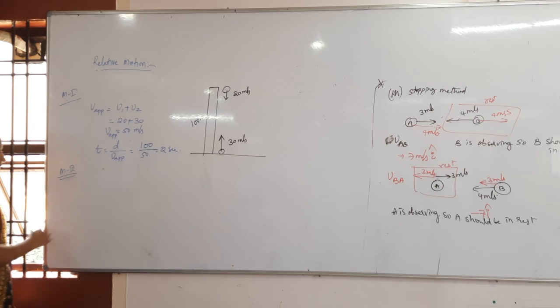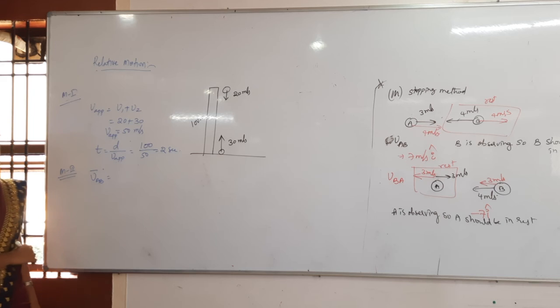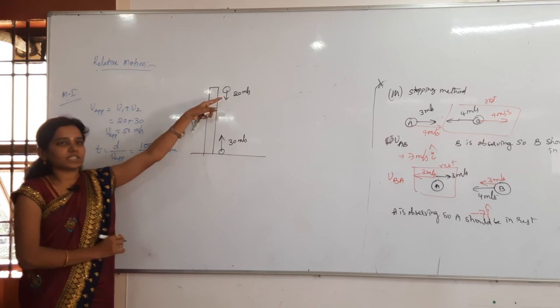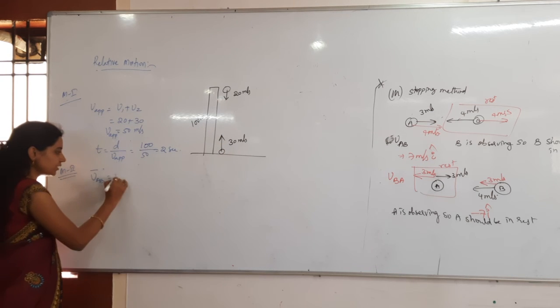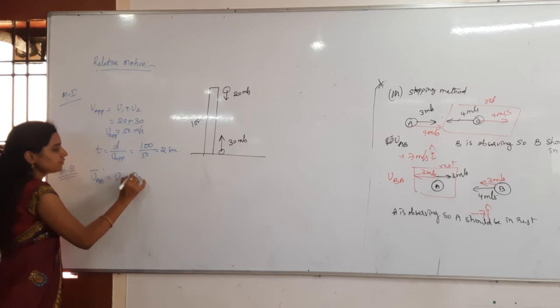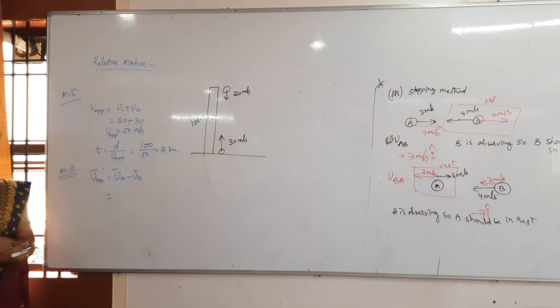General formula method, velocity of A with respect to B. What is the velocity of A with respect to B here? A is moving in the downward direction, B is moving in the upward direction. First of all, what is the formula? VA minus VB. VA, the first one is moving in which direction?